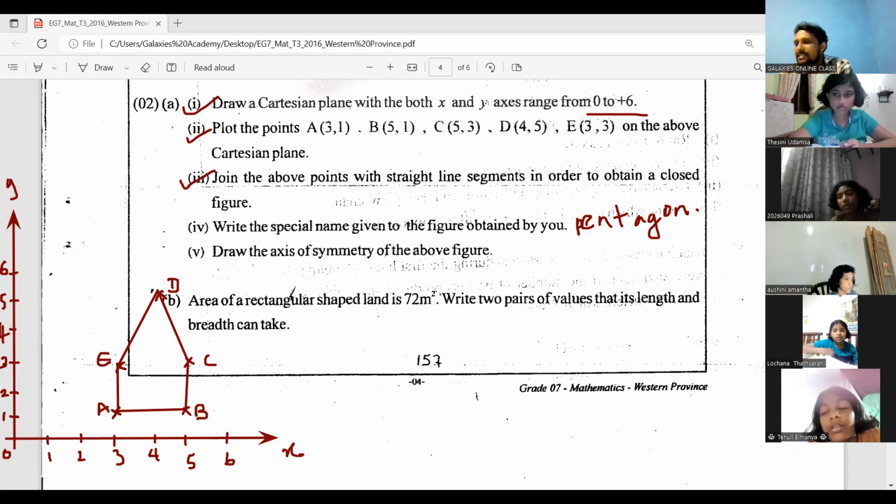Right? 8 sides, octagon. 9 sides, nonagon. 10 sides, decagon. Then also you studied 12 sides. 12 sides, dodecagon. Right? Dodecagon.